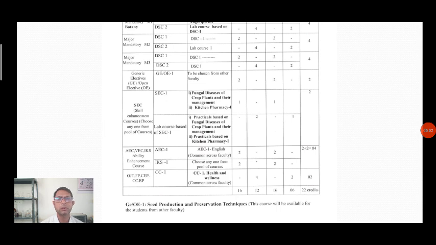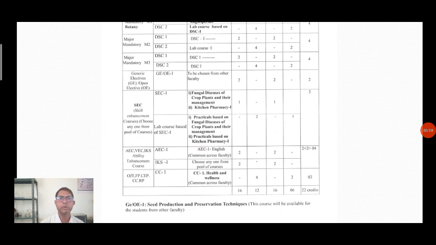And along with this, there is another common course that we call the compulsory common course, or common across the faculty course, that is the CC course. This CC included in this syllabus is health and wellness. This health and wellness also has 4 credits. So it is a practical paper, and it has 2 credits in total.